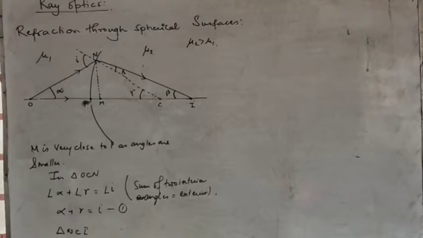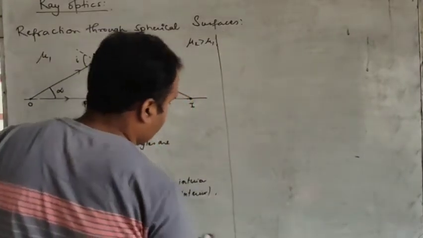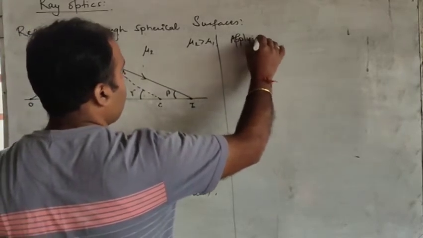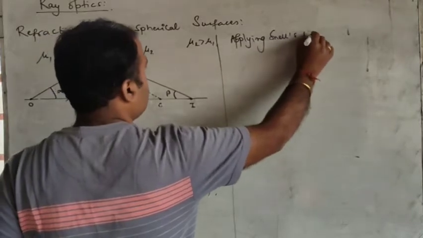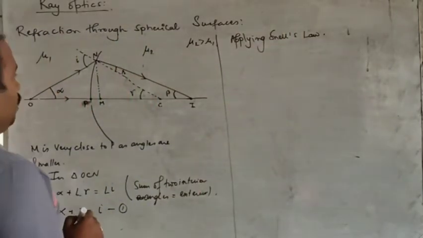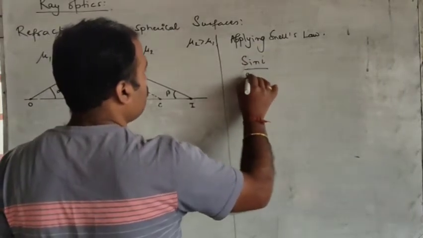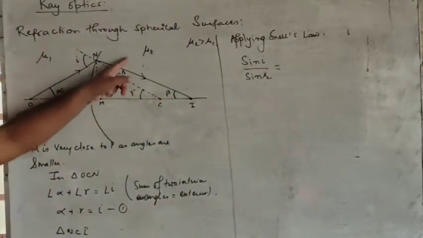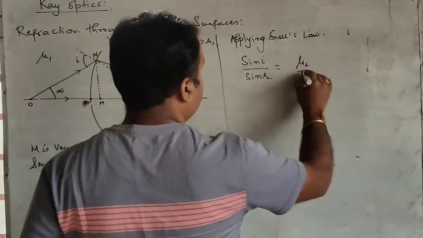Now here we will apply Snell's law of refraction. We get sin I by sin R is the refractive index of 2 with respect to 1.